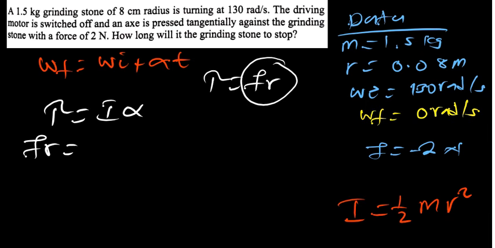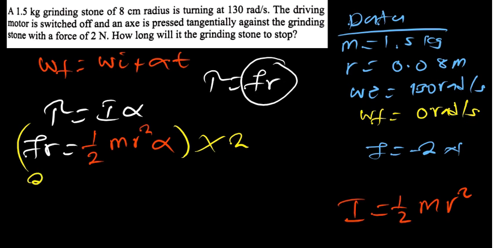Now let's go ahead and solve this. So we have got inertia. I'm going to replace inertia with half mr squared times angular acceleration. Why am I doing this? Because I know the mass, I know the radius, I know the force. I can now find the angular acceleration. What I'm going to do is multiply both sides by 2 so that I get rid of the half.